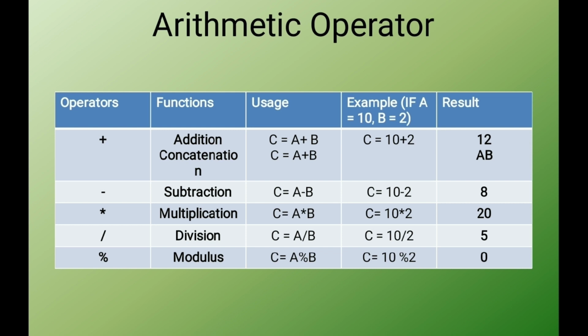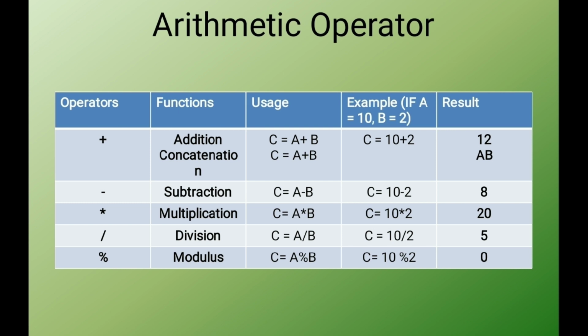Here the value of A is 10 and the value of B is 2. When we perform addition on it, your output will be 12. And when you perform concatenation on it, concatenation means joining two variables, then your output will be AB. Subtraction, multiplication and division, all of you are familiar with.